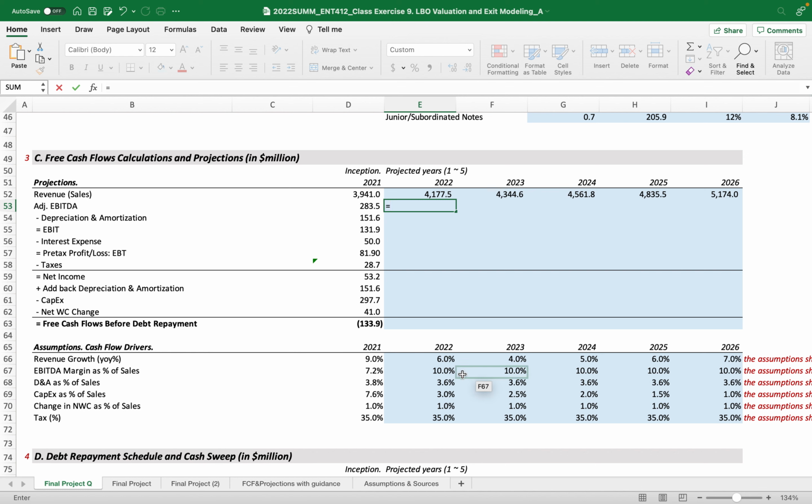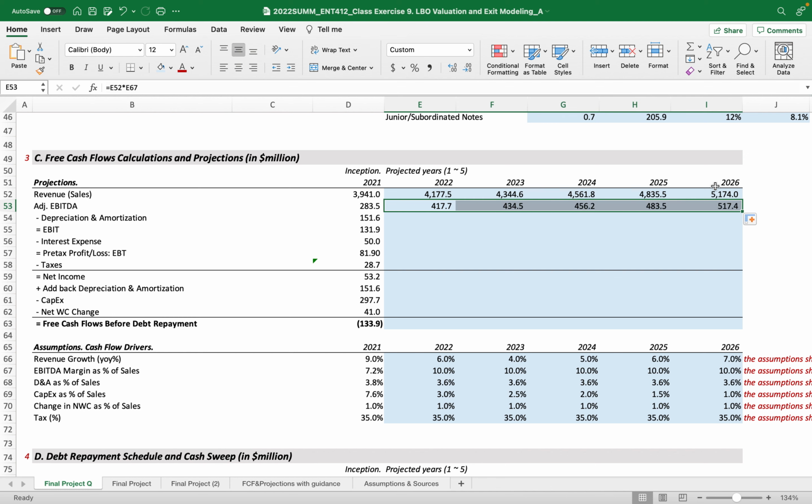We are using percentage of sales, so let's put this times 10%. Even though we have 10% every year, because we correspond the EBITDA with the percentage of revenue, the EBITDA increases. So we found this number using this assumption.